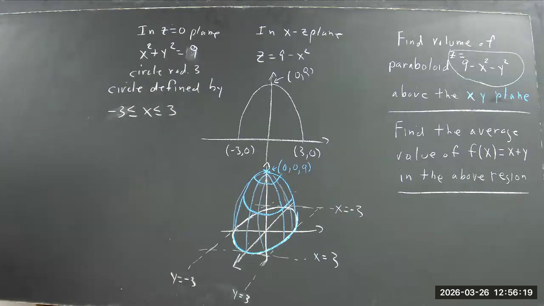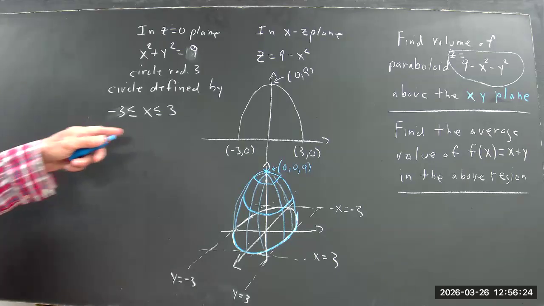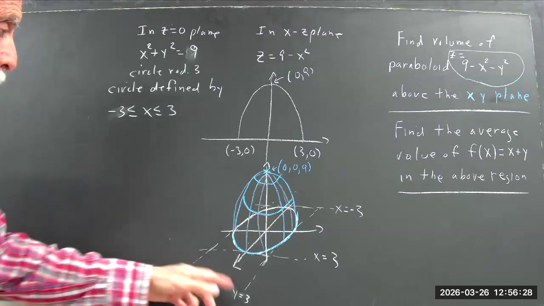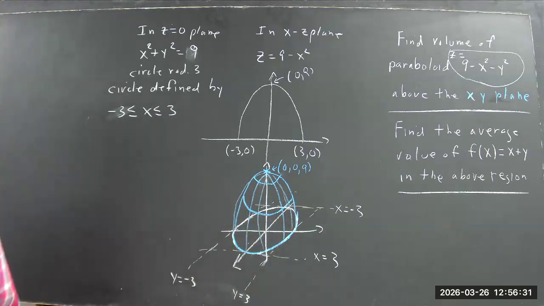It's one thing it's defined by, right? It's not y. Y doesn't go from -3 to 3. If we let y also go from -3 to 3, we get the whole square.